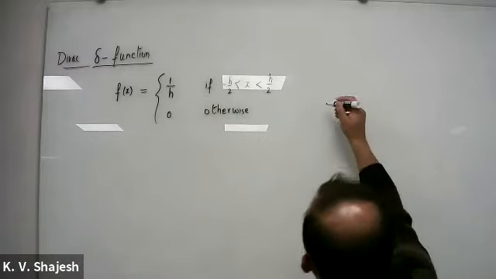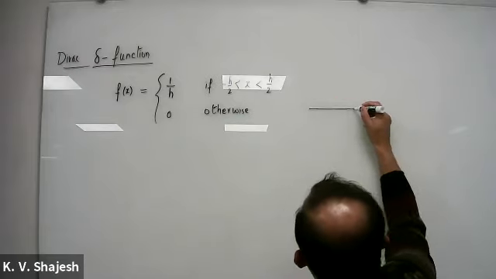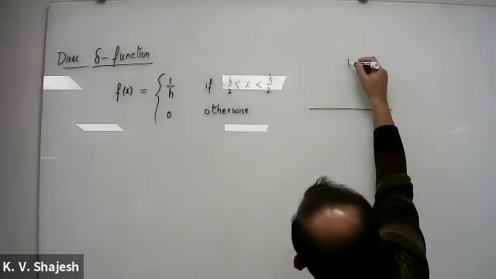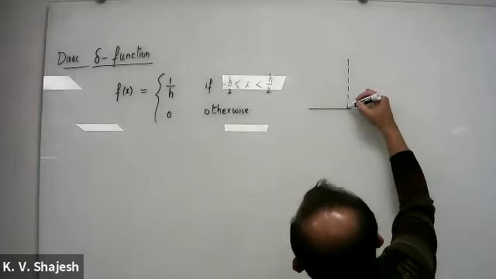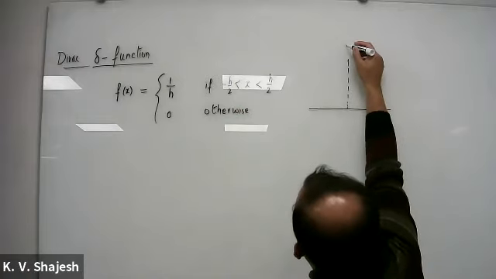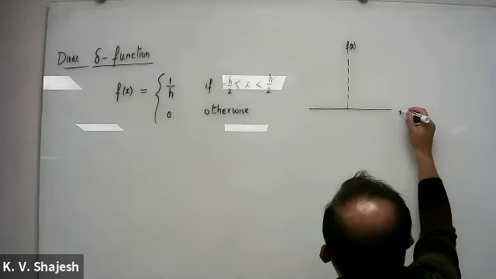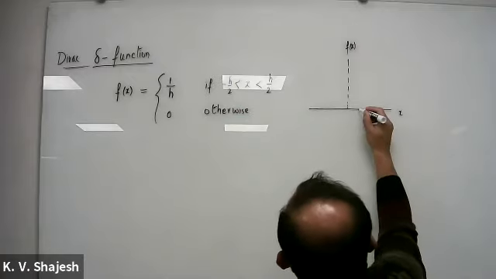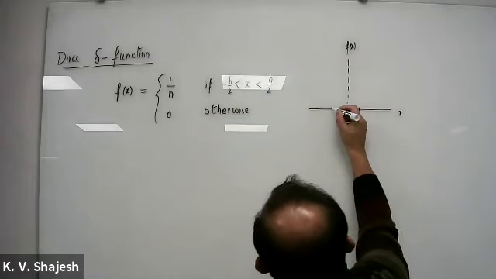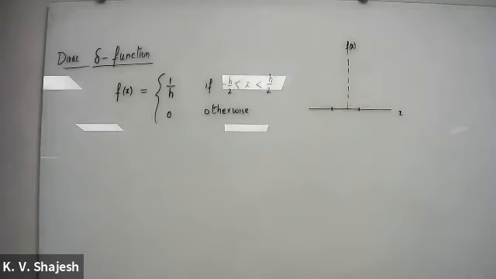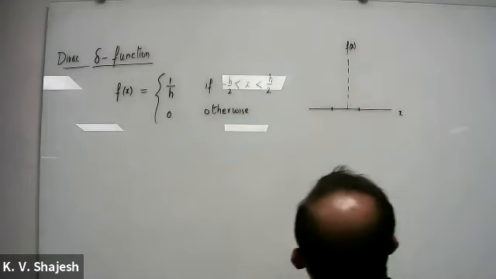So if I were to plot this function, that's my y-axis, where I'm plotting f of x, and this is x, and somewhere here are plus h over 2 and minus h over 2.